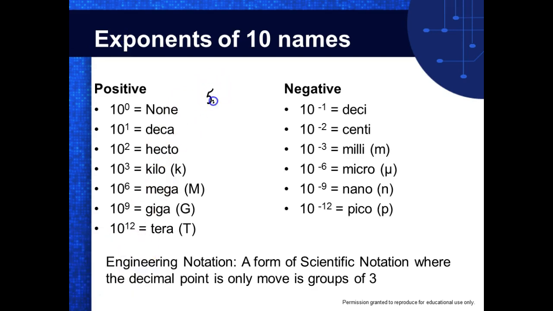Instead of saying 5.3 times 10 to the first, we would say 5.3 deca. And deca stands for times 10 to the first. Everybody okay? If I was going to say 5.3 times 10 squared, then I would use the term 5.3 hecto. Everybody okay?